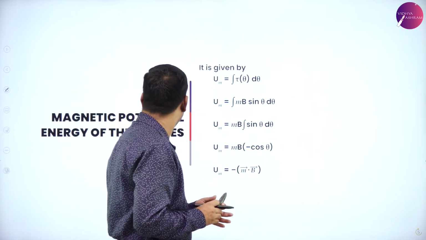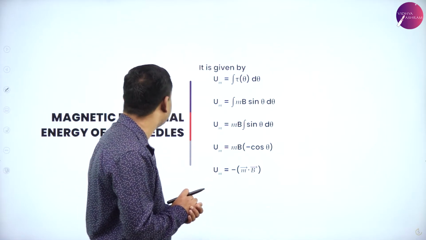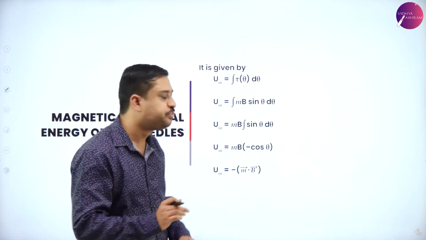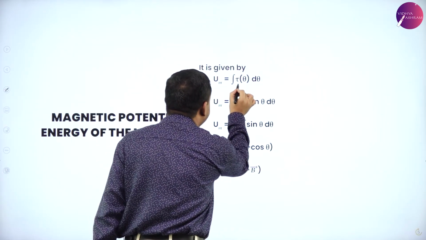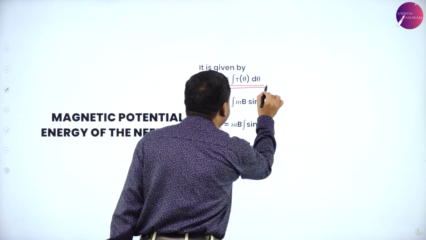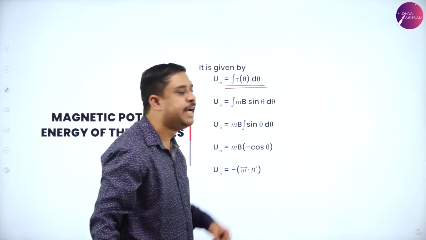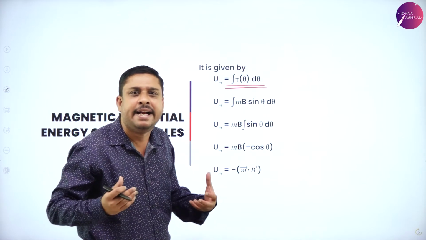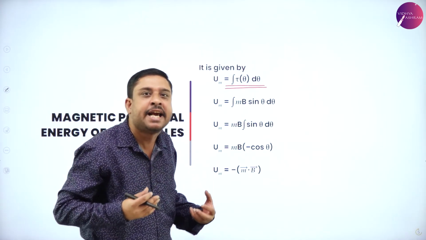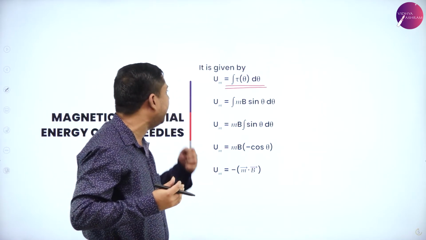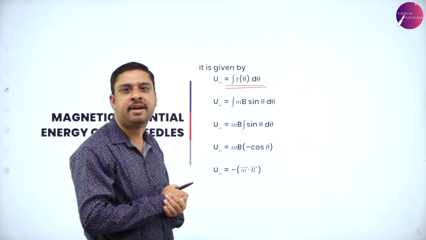Now, trying to arrive at the potential energy of the needle, potential energy is the integral of tau d theta; the integral of the torque acting on the magnetic needle gives us the potential energy.